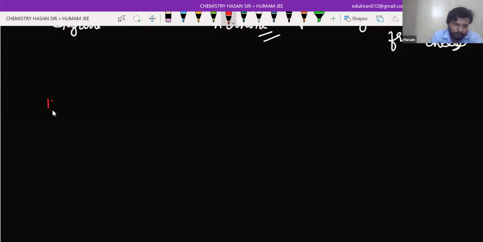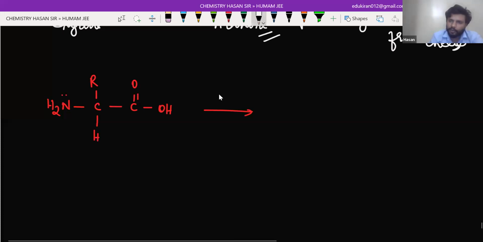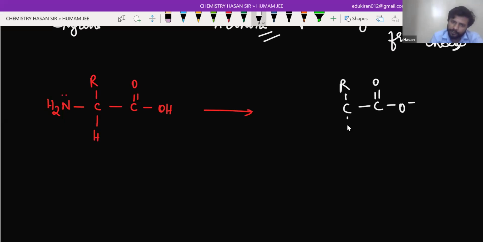This is your alpha amino acid. Now, this we can write as a zwitterion or dipolar ion. This is acidic, so it will release H plus. So this becomes C double bond O negative, and this is R. This is H, and this nitrogen has a lone pair, so it will donate it and form a bond.